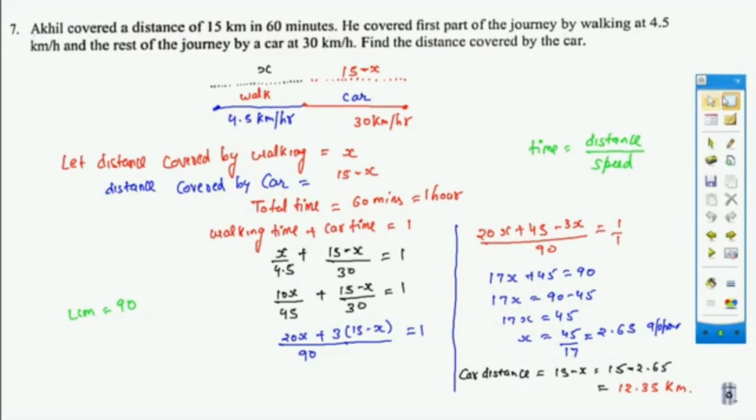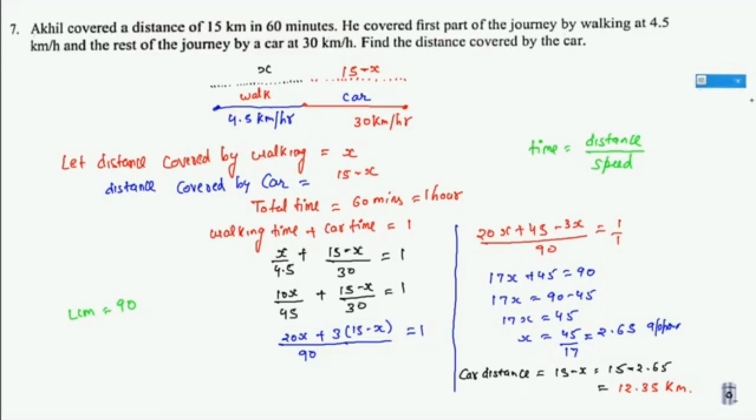Next question. Akhil covered a distance of 15 km in 60 minutes. He covered the first part of the journey by walking at 4.5 km per hour and the rest of the journey by a car at 30 km per hour. Find the distance covered by the car. Students, suppose there are 2 points. Here I have drawn the diagram.